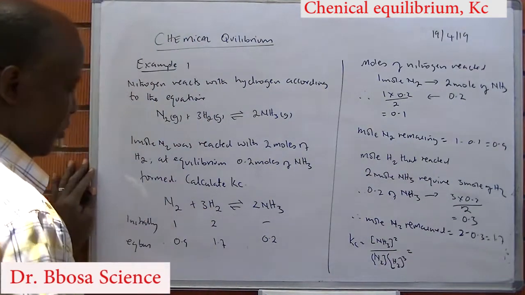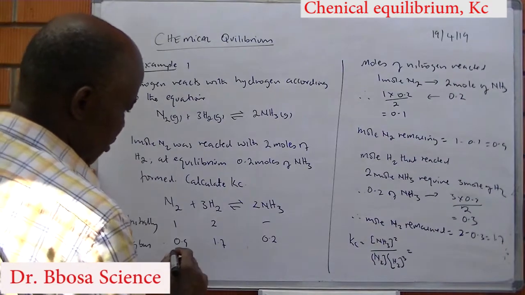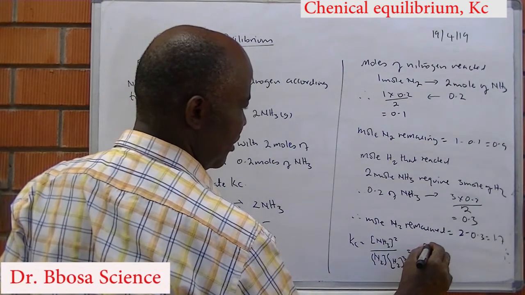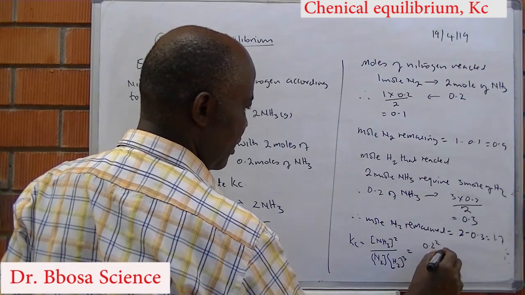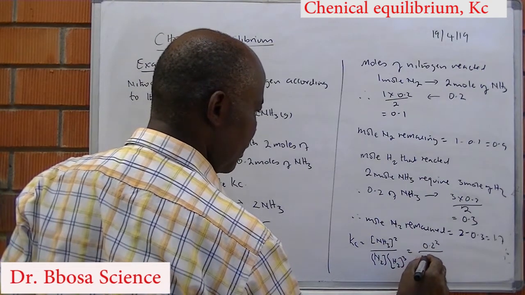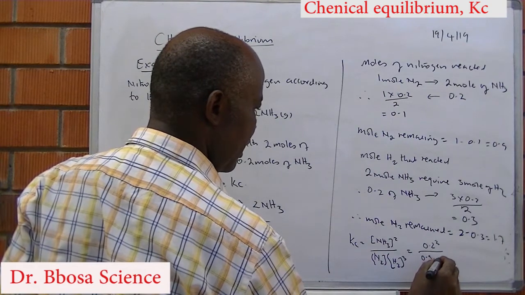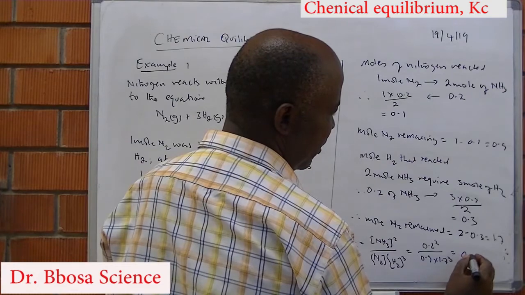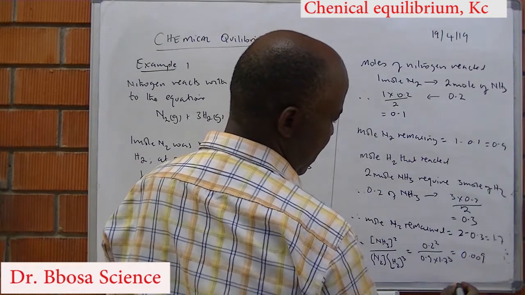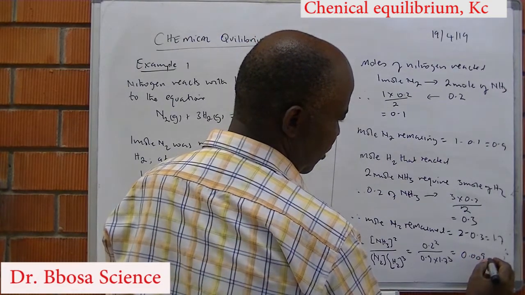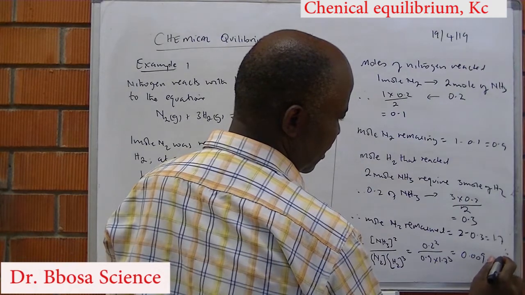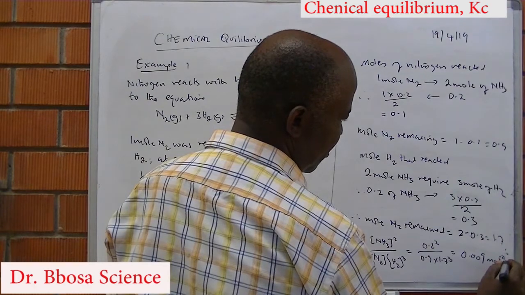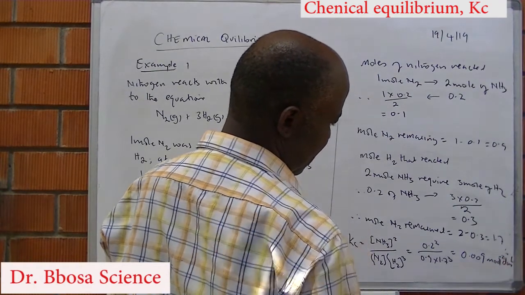We only use the concentrations at equilibrium, so we have 0.2 squared over 0.9 times 1.7 to the power 3, which is equal to 0.009 moles to the power -2 decimeter to the power 6.